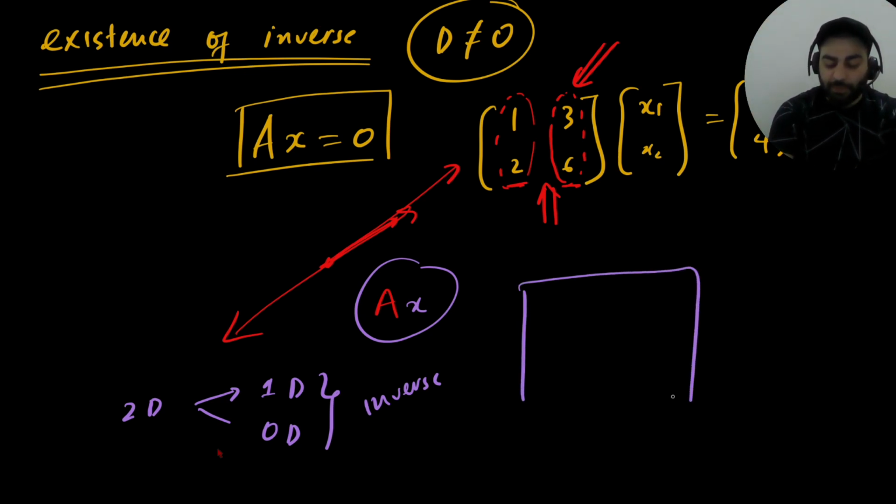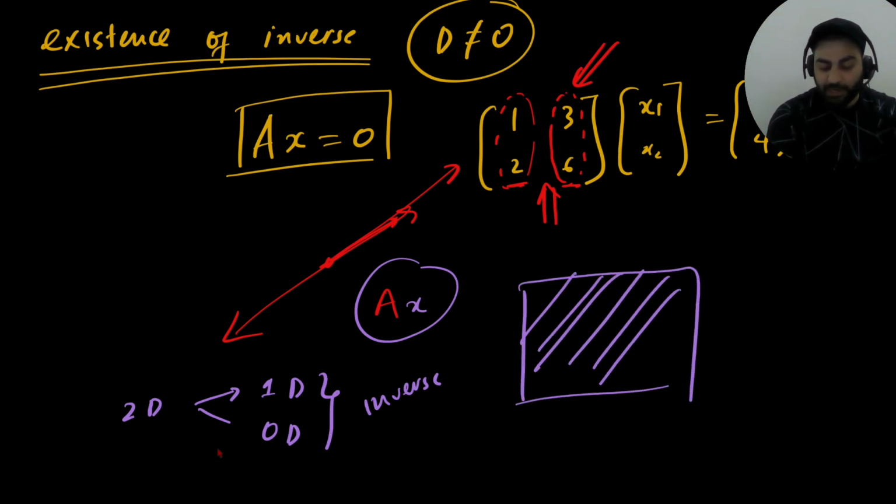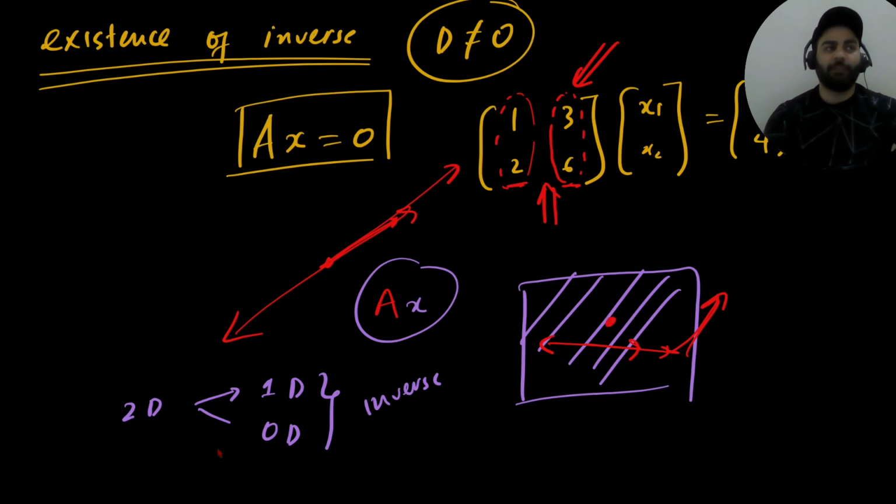Initially you had the 2D plane, you had some vectors, let's suppose this vector and this vector, and they were spanning the whole plane. Now you applied some transformation. What happened is, let's suppose it took these vectors onto a single line. Now from this single line you cannot undo this transformation. Or let's suppose it took all the vectors to 0, it squished the space onto the 0.